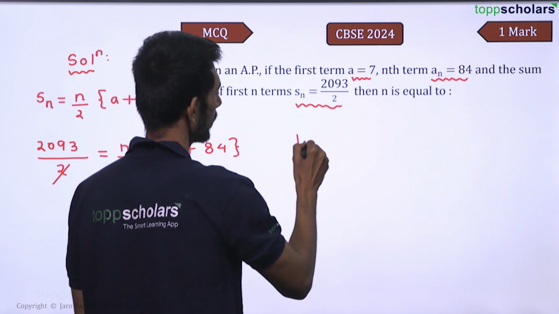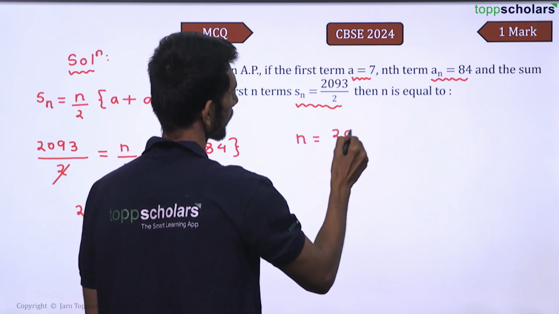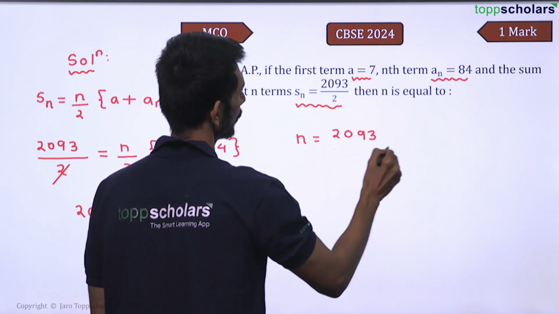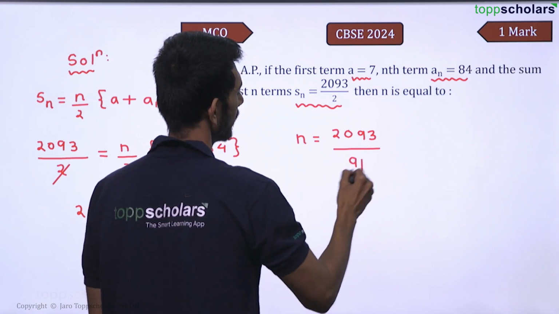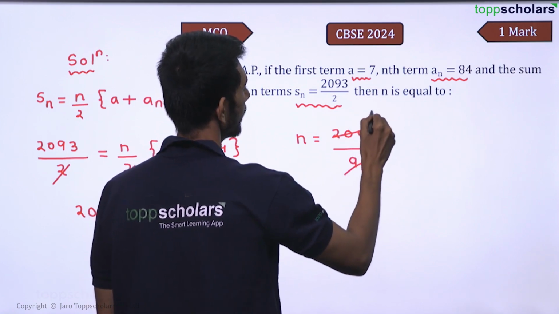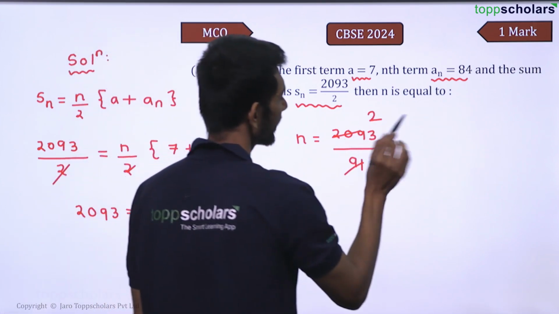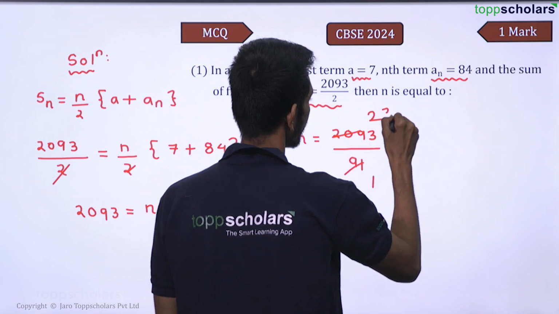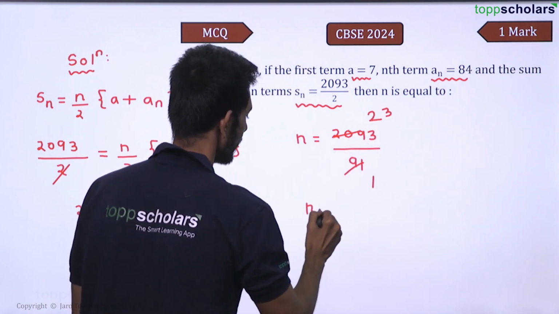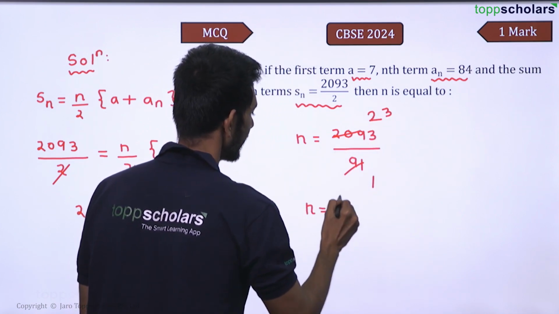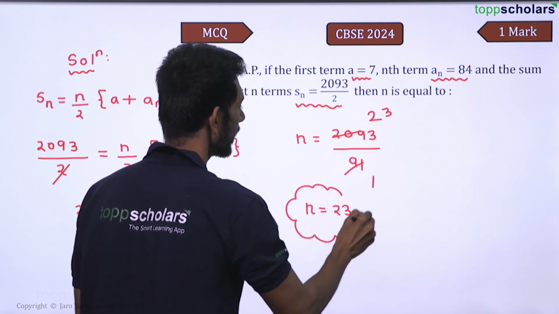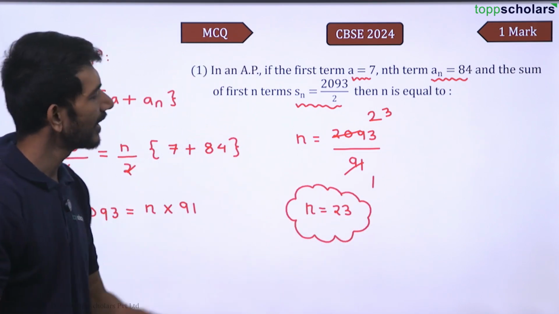So n will be equal to 2093 divided by 91. 91 ones are 91, 91 twos are 182, and 91 threes are 273. So the value of n is 23. That is, the number of terms in this particular AP is 23.